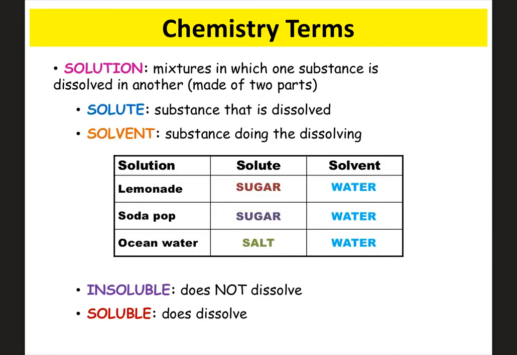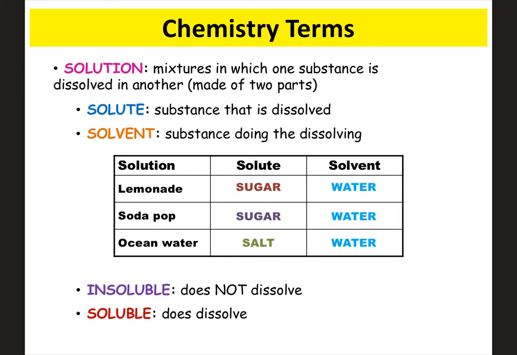Here are some more chemistry terms that are important to understand. A solution is a mixture. It's when you have one substance dissolved in another. So a solution can be separated by physical means. The two parts of a solution are the solute and the solvent. The solute is the substance that is dissolved in a solution, and the solvent does the dissolving.